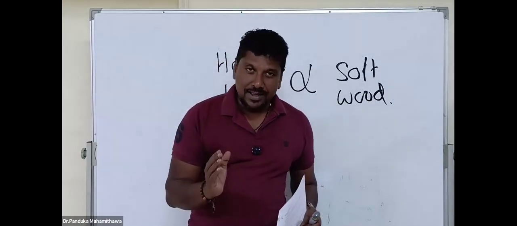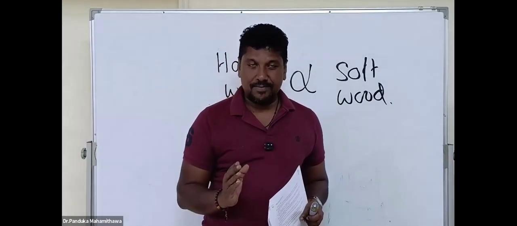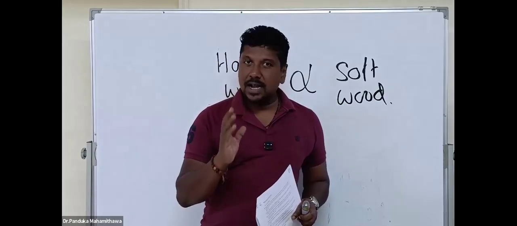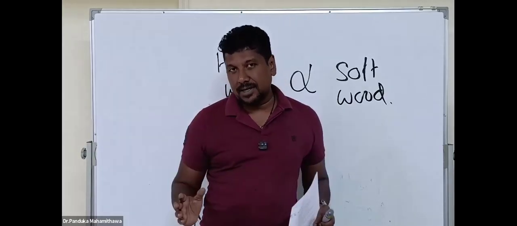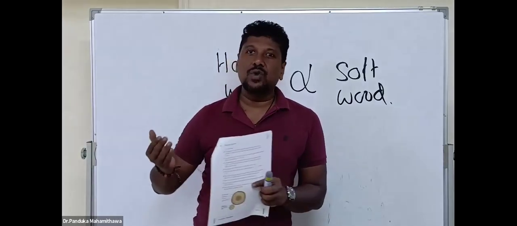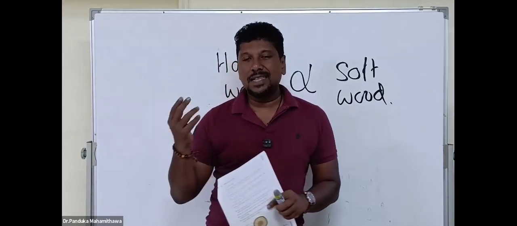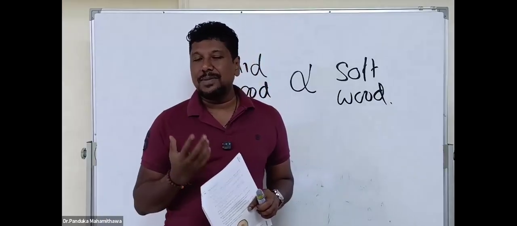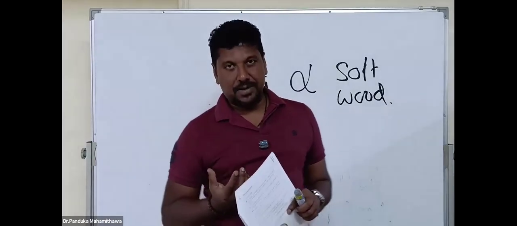So the wood, secondary xylem, is the hard part of a plant. What human beings use for industrial and household things such as furniture, the wood, is basically the secondary xylem part, right?